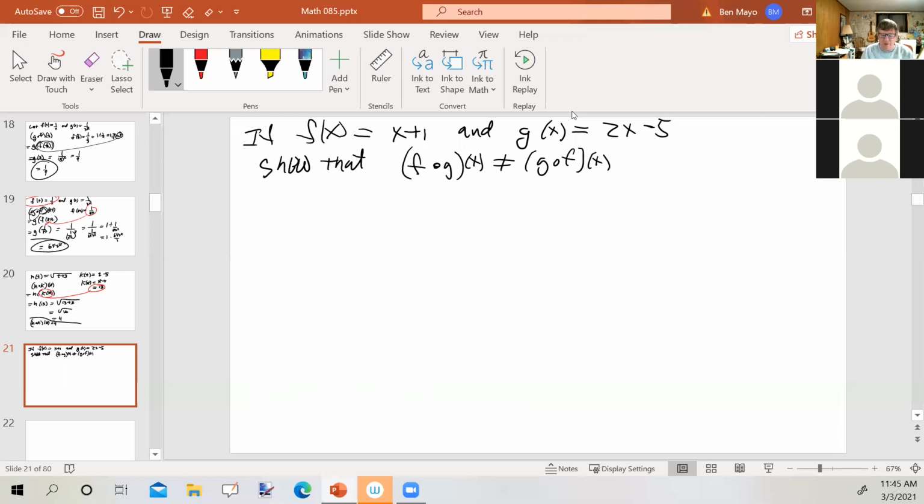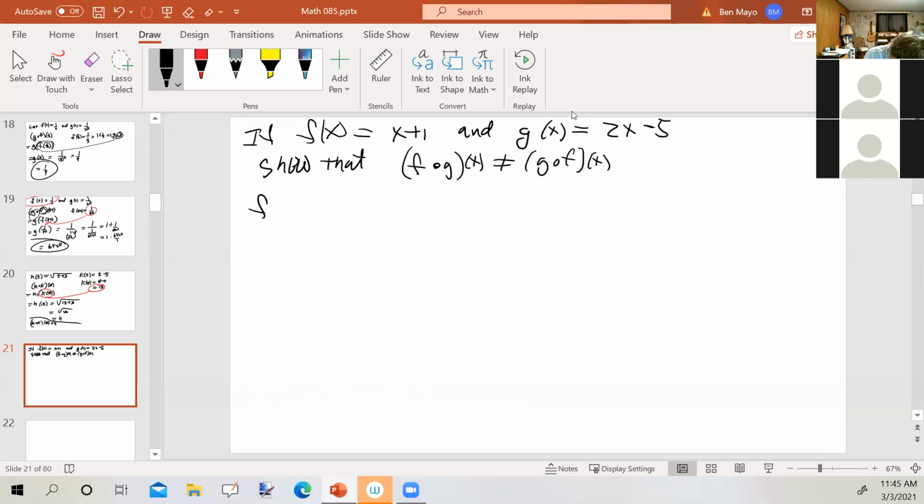So show that, at least in general, composition is not commutative. Tomorrow, we're going to look at some examples where it is commutative, but those are specific cases. In general, it's not commutative, as we will see here.